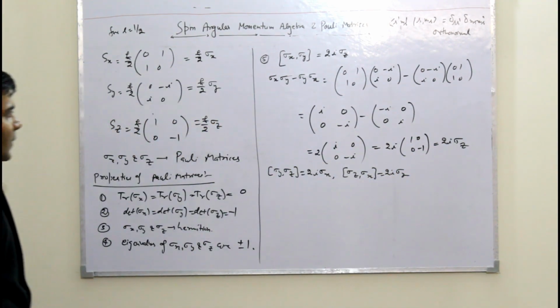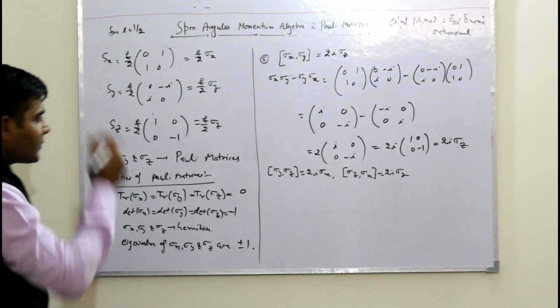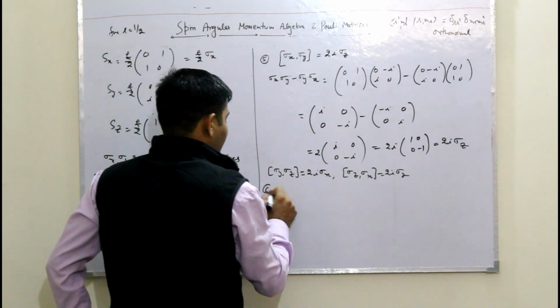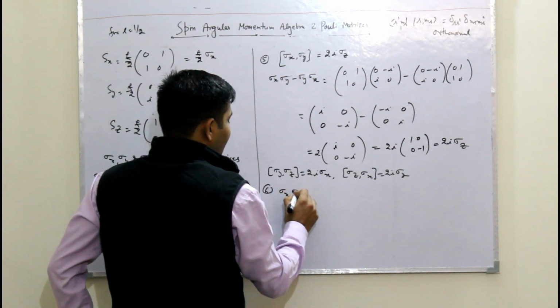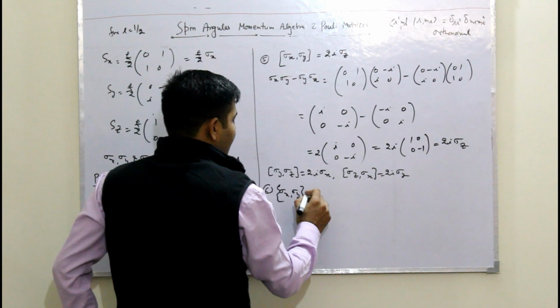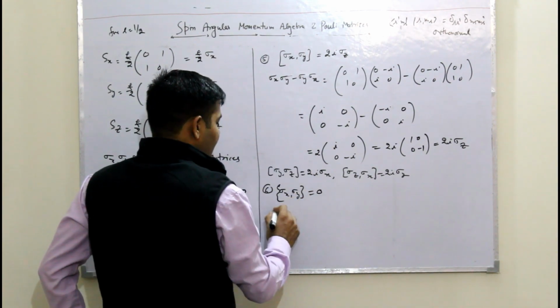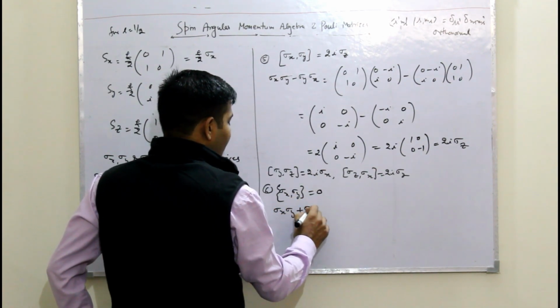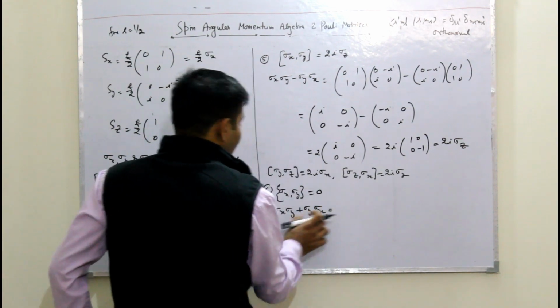The sixth interesting property is that if we take the anti-commutator of sigma x, sigma y, then it will come out to be 0. Let's check out sigma x, sigma y plus sigma y, sigma x. We have just found these two products.